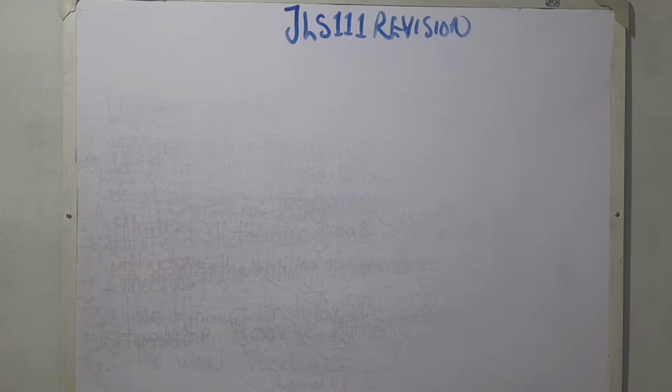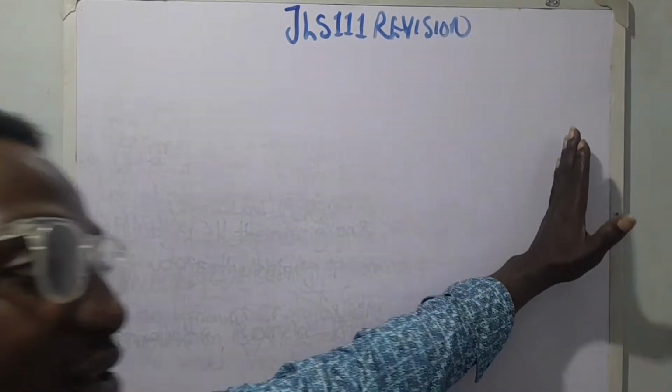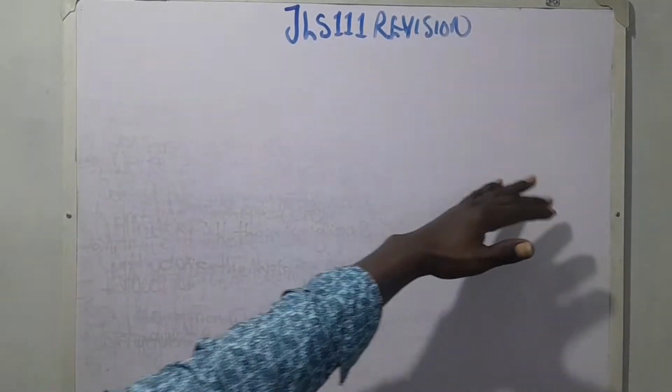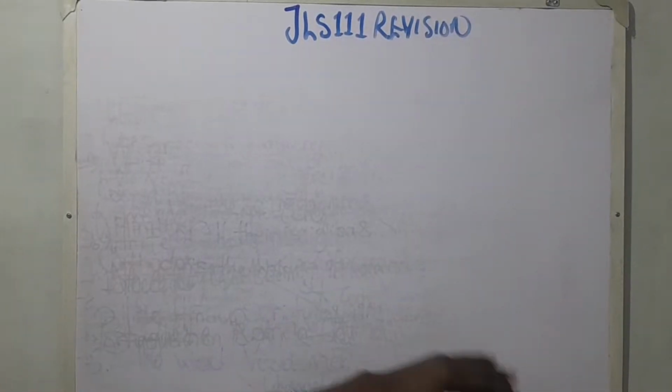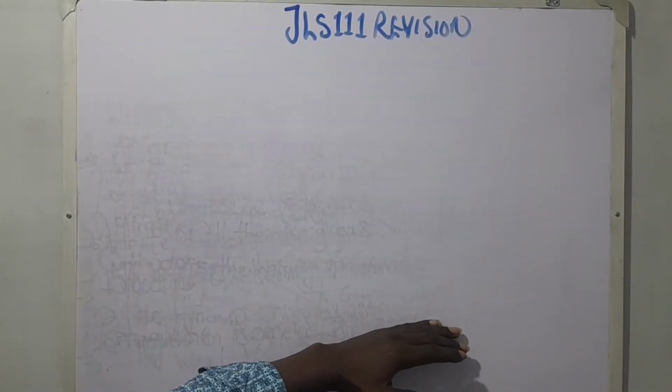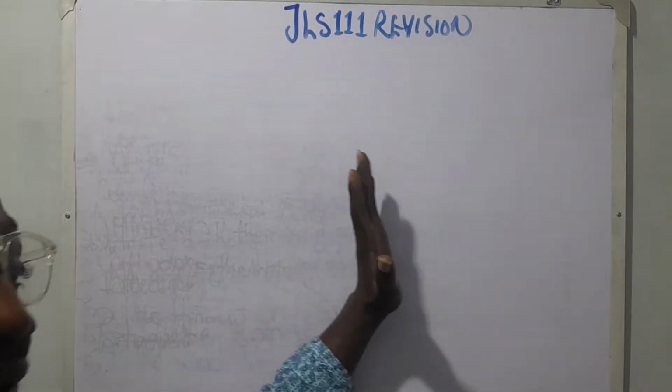I believe you already know from the retrospective revision classes you might have been watching on this channel that when you come across questions in the exams, they are basically in two forms. We have the objective, which comes with options, whereby you find a question and four options listed from option A to option D. You're expected to choose one to fill in the blank.